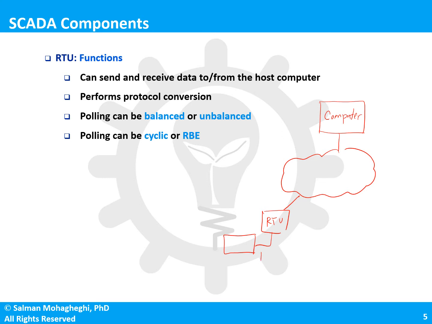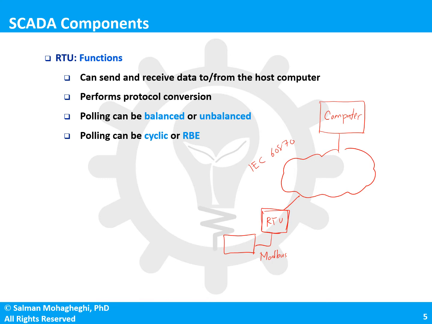In a situation like that, if the device talks Modbus and the entire SCADA system is operating based on, let's say as an example, 6870, then the two cannot communicate with one another directly unless some entity in the middle can translate from one protocol to another, and that would be the job of the RTU.